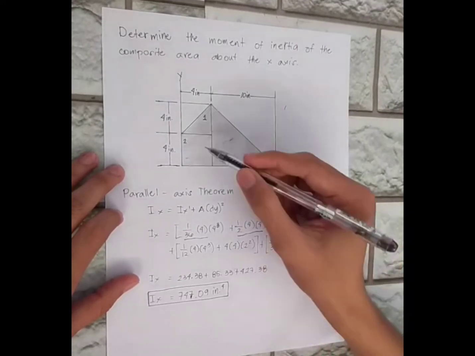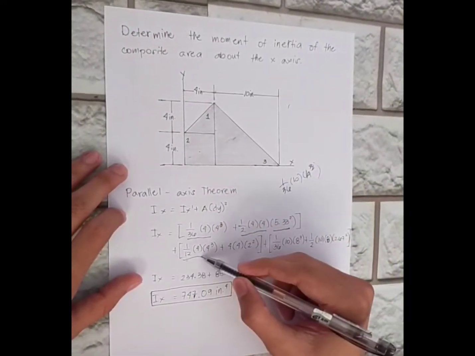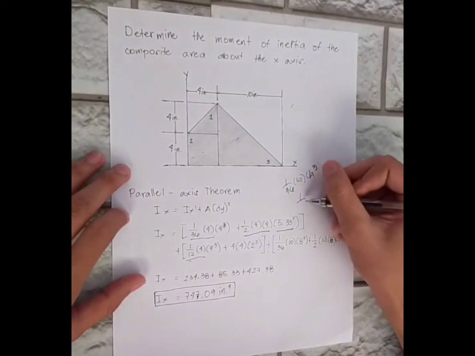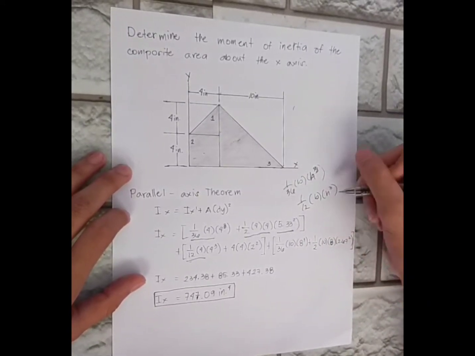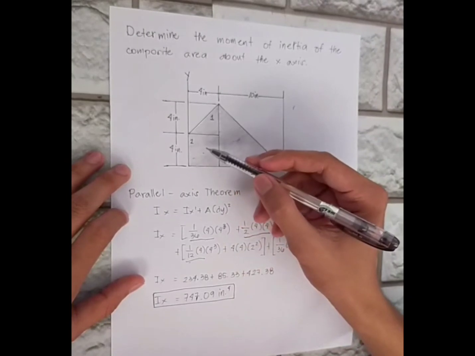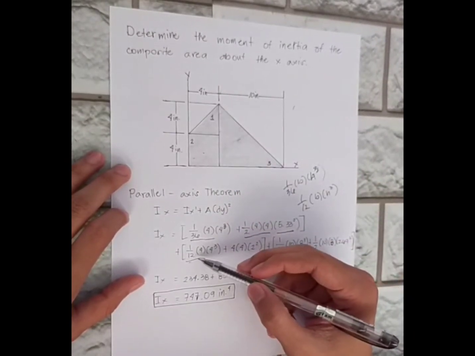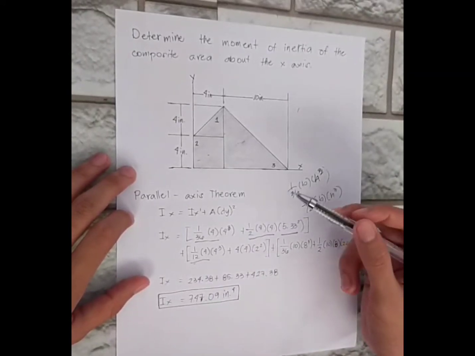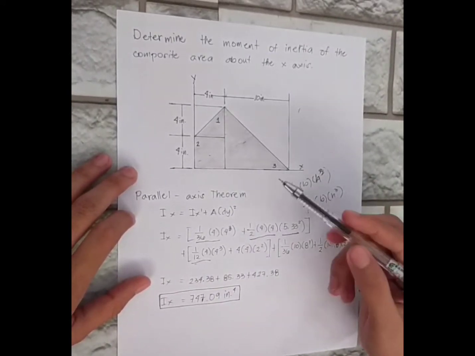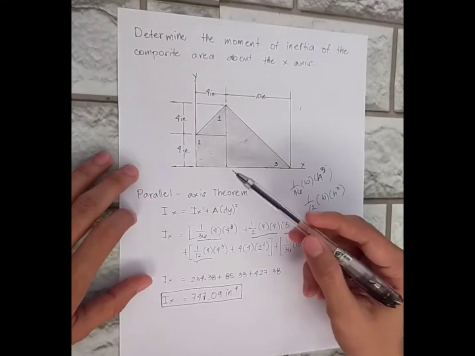Next is the square, having 1 over 12 base times height cubed. If you notice, this is a square, but this formula is used for a rectangle. In geometry, a rectangle cannot be a square, but a square can be a rectangle.